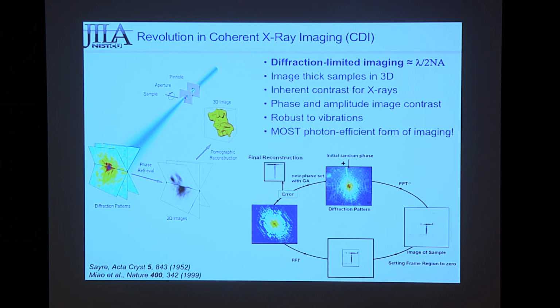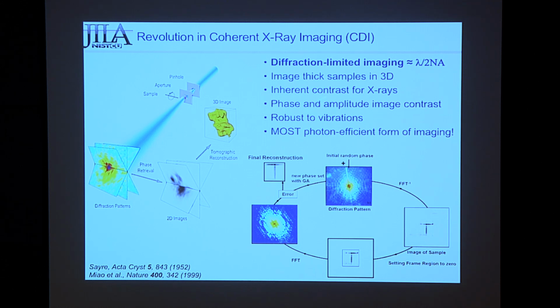This initial constraint isn't so strong, but the wonderful thing about it is that there's no optics between your sample and your detector. That means that you should be able to reach diffraction limited imaging.